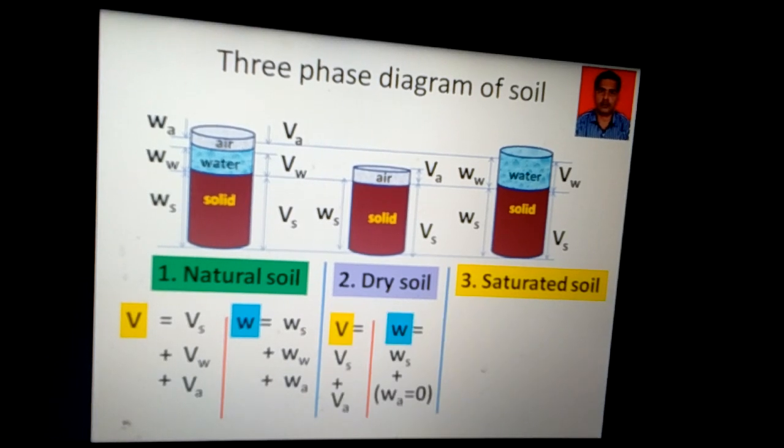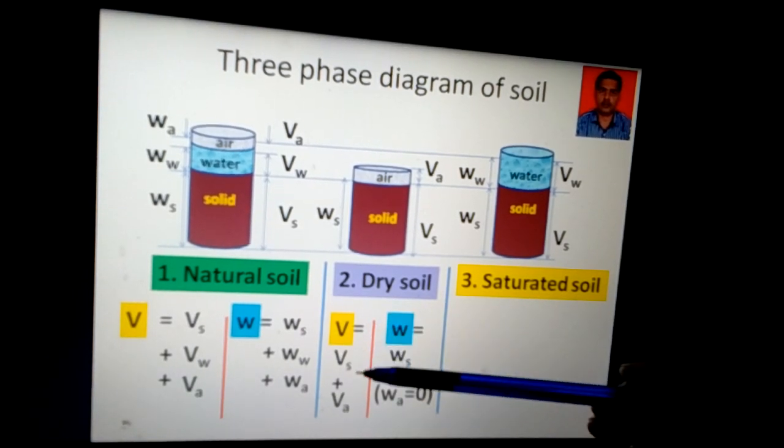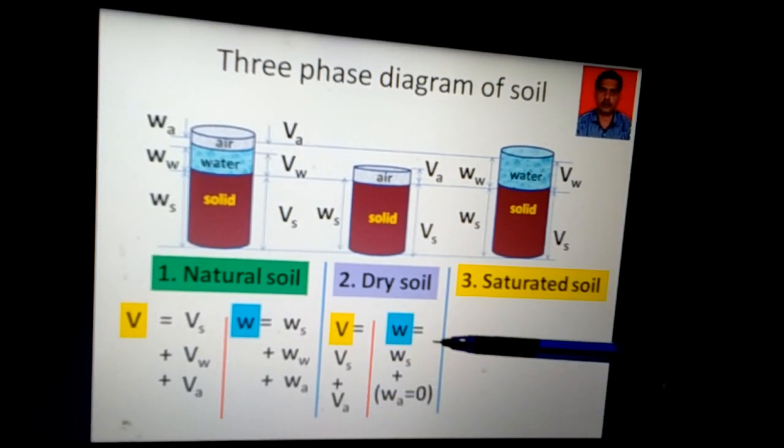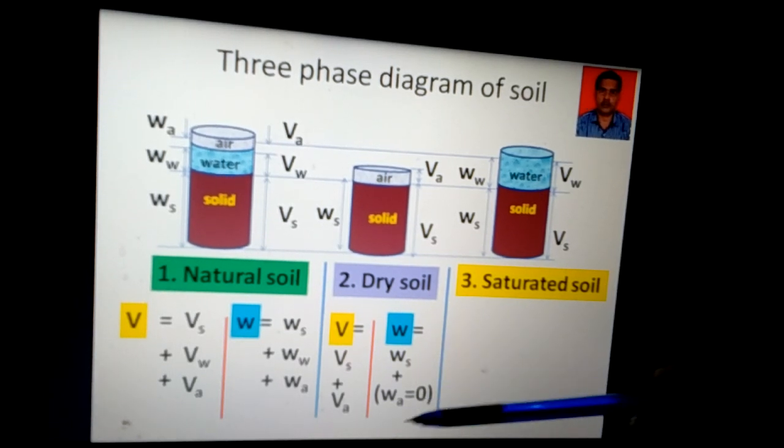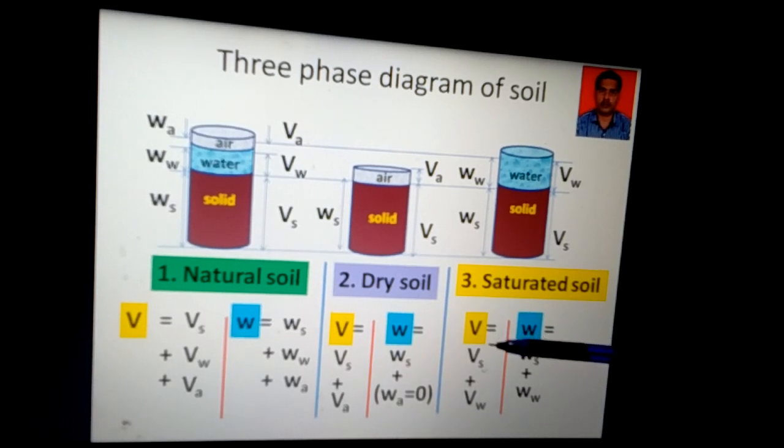In dry soil the total volume is equal to Vs plus Va, and total W equals Ws plus Wa, Wa is 0. In saturated soil the total volume V equals Vs plus Vw, and total wet W equals Ws plus Ww. So by using these simple equations, we can find out total volume and total weight.